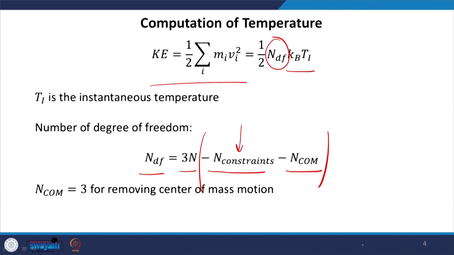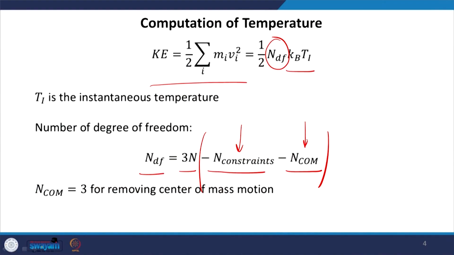Similarly, whenever we have a conservation of momentum, in those cases we have to make sure that the system overall does not have a translational motion. So, therefore, we make sure that the center of mass is not moving in the system, or if it is moving, we correct for the movement by bringing the center of mass back to its original position every so often in the simulation.